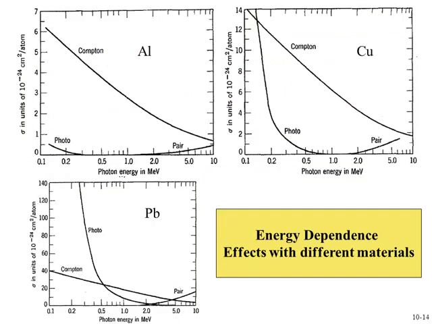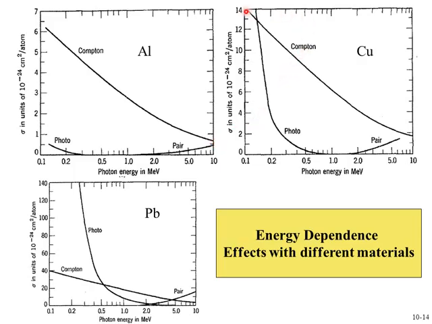Now here's an evaluation of interactions of photons with different matter: aluminum, copper, lead. We have cross sections versus energy. And some of the trends that we see here, these are all from 0.1 to 10 MeV. We see that for aluminum, Compton effect is fairly dominant.